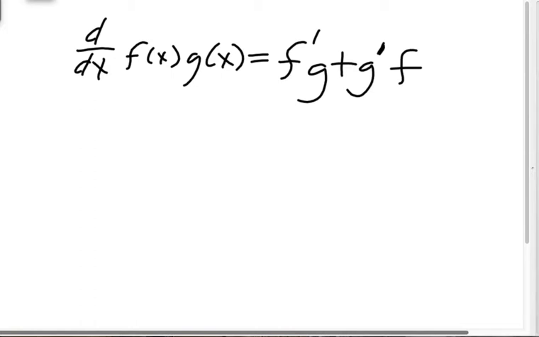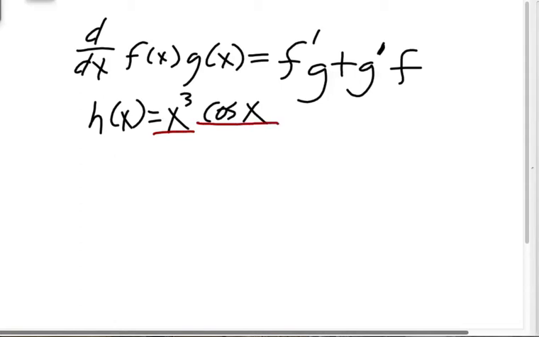So for instance, let's say we have a function which is x cubed cosine of x. Big thing here is to figure out what two functions we have. On this one, it's not all that hard. This would be f, and this would be g. I got two functions of x. So what I do then is I will come back in on these, and I make up sort of a pseudo table.